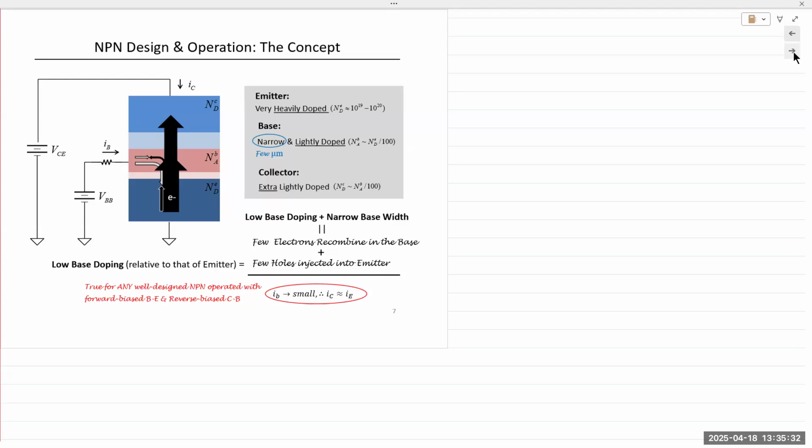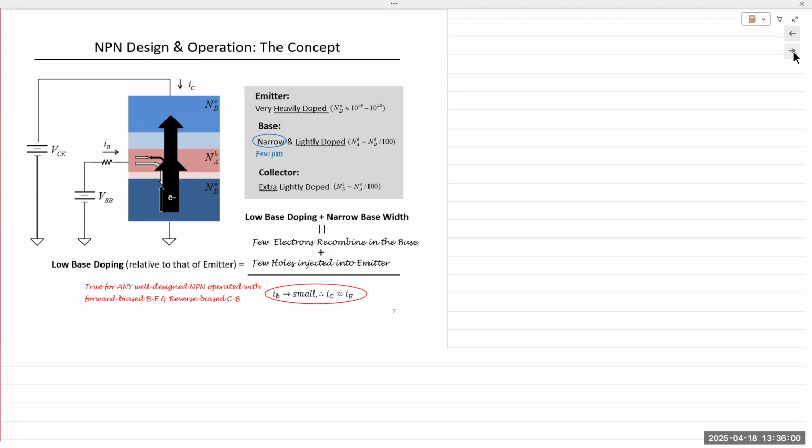Okay, so the base region is very, very thin. It's very, very small. The emitter is somewhere in the middle of the base and the collector, not just in surface area, but in volume. And then for the doping profile, the emitter is the most heavily doped semiconductor material in a BJT.